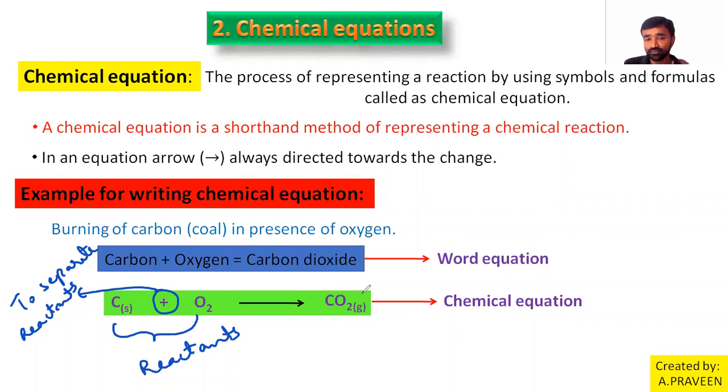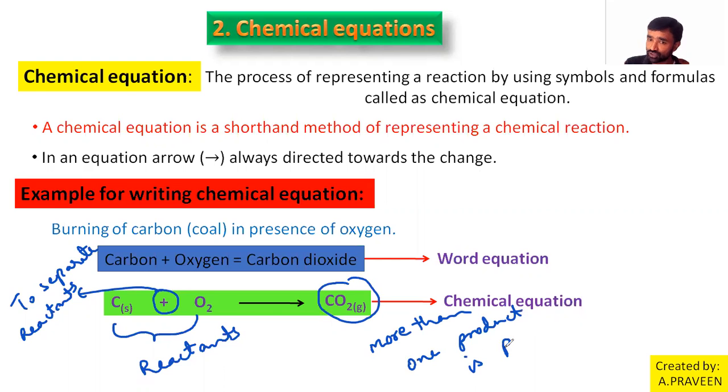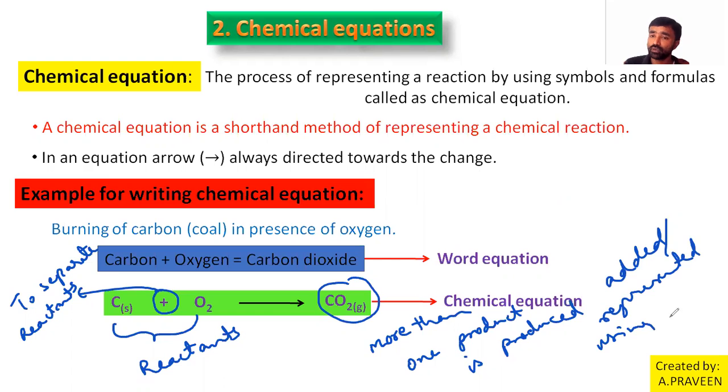On the right side also we can use a plus symbol, if more than one substance is produced, that is called a product. If more than one product is produced, that can be represented using a plus symbol.